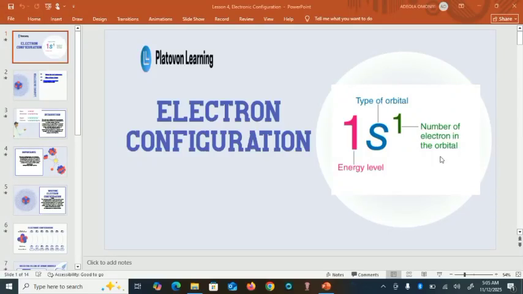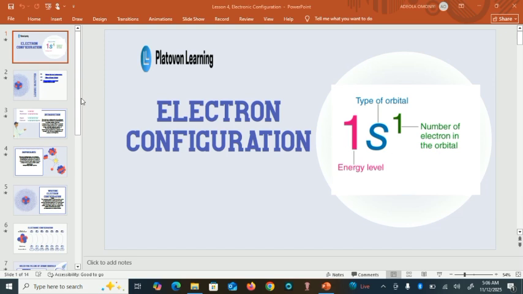Welcome to the last lesson under this topic. We started with atoms, the structure of the atom, the atomic theory. We looked at isotopes and the effect of isotopes on the atomic mass of an element. So lastly, we look at the electron configuration.